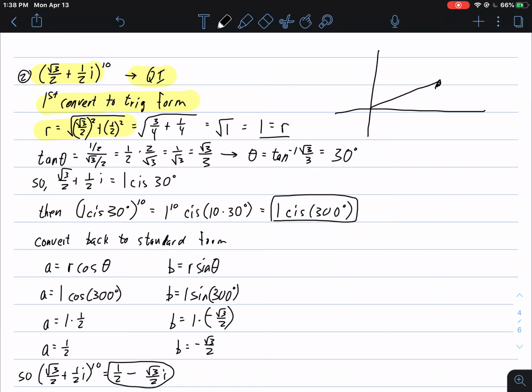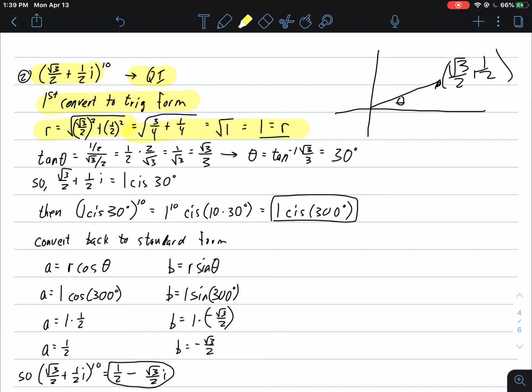That would put us at a point out here whose coordinates are square root of 3 over 2, 1/2. That should look familiar. That's a point on our unit circle, right? And it's actually the point that lies on an angle whose measure is 30 degrees, or pi over 6, right? If you recognize that, great. If not, no big deal. We can still go through the calculations to get everything else that we need. But I just wanted to point that out to you.